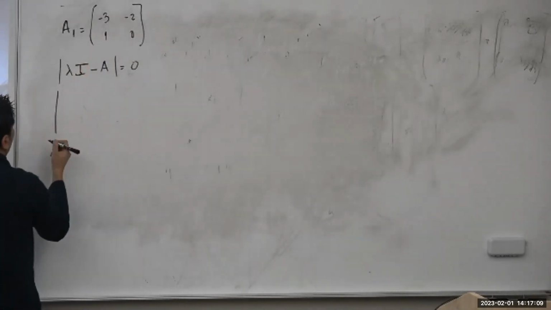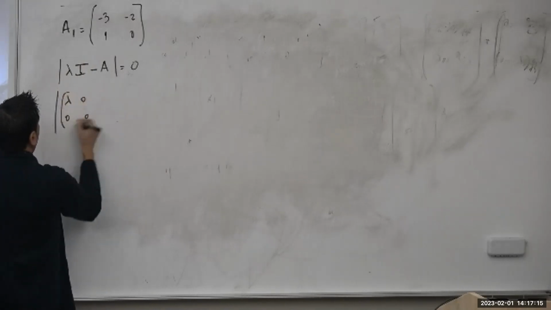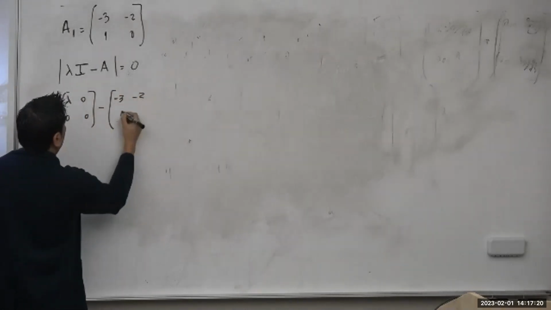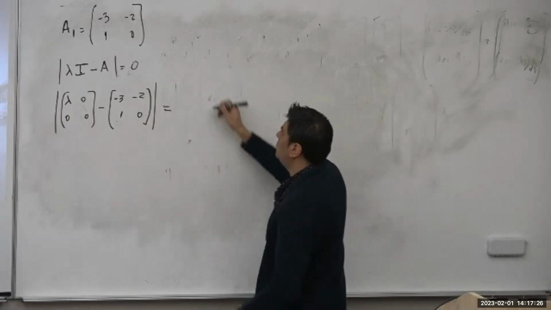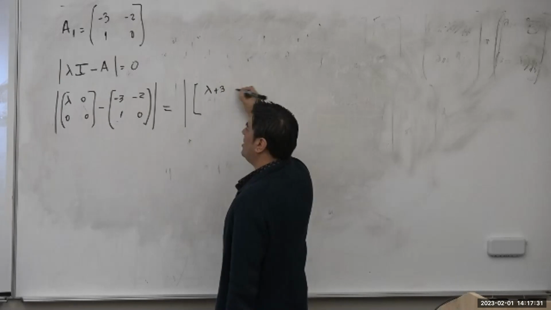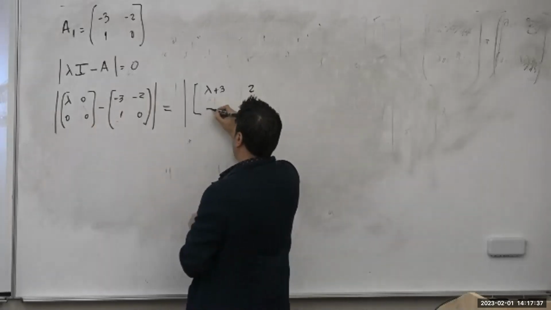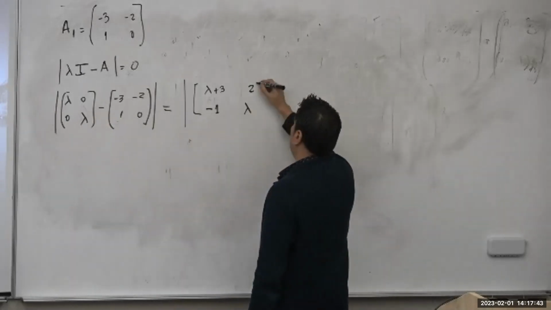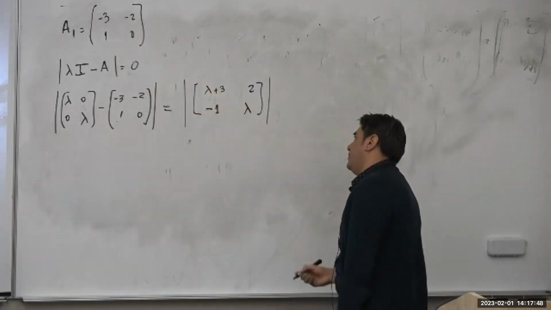So the matrix that we have is lambda, that's the first matrix here, minus A, and we can subtract those two matrices and we get lambda plus 3. The negative sign gets canceled here. And here you have negative 1. And I'm sorry, this is lambda. So we need to get the determinant of this matrix.